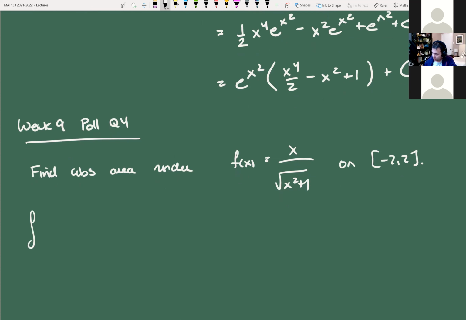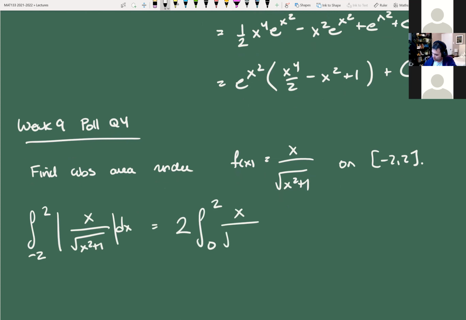So I know that the integral from -2 to 2 of the absolute value of this thing is going to be just double this one, x over the square root of x squared plus 1 dx. Does that make sense?